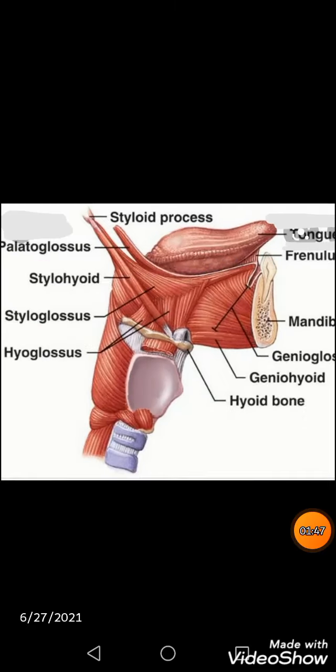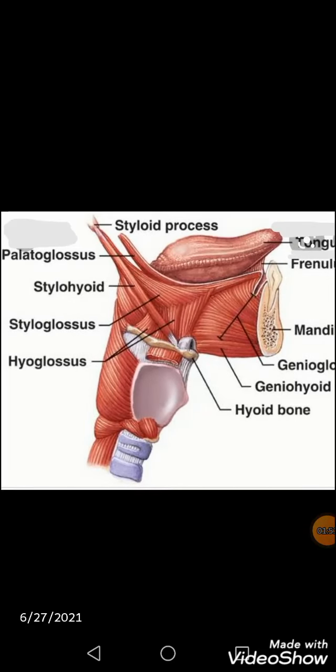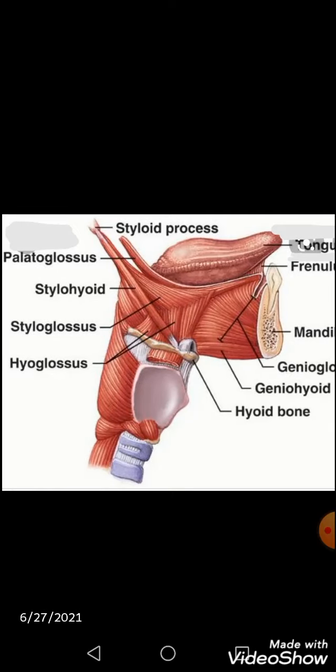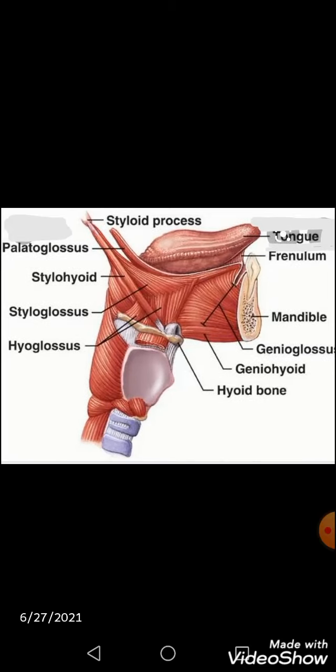The main action of your palatoglossus muscle is to elevate the posterior surface of the tongue, or it can depress your soft palate and act to constrict the isthmus of the Fauces, right?